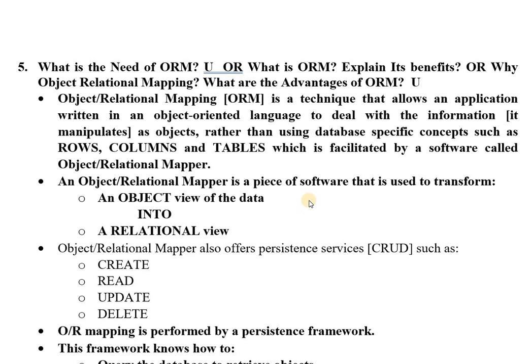So as I already told you, object relational mapping is a technique that will allow an application जो लिखा गया है, which is written in an object oriented language, to deal with the information as objects, because that is a natural form for any object oriented language. It can manipulate the things as objects, rather than using the database specific concepts such as rows, columns, tables.